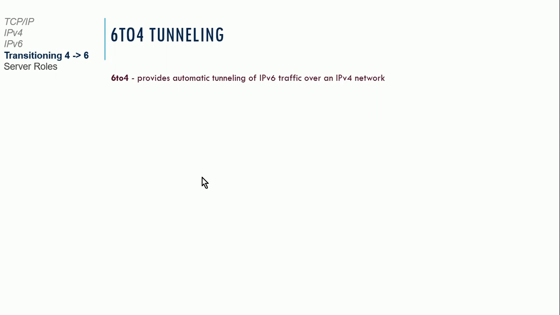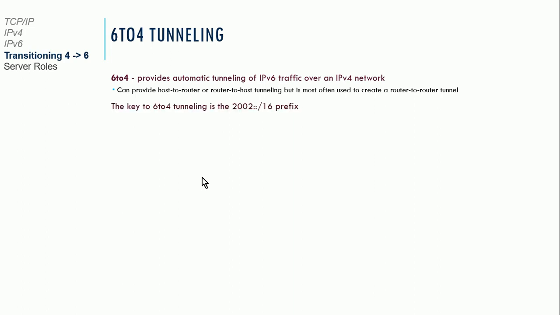So another option is 6to4 tunneling. 6to4 tunneling provides automatic tunneling of IPv6 traffic over an IPv4 network. So it's a little bit like ISATAP. It can provide host to router or router to host tunneling, but it's most often used for router-to-router tunnels. In other words, I have various routers where we want to route IPv6 traffic between different routers using IPv4.